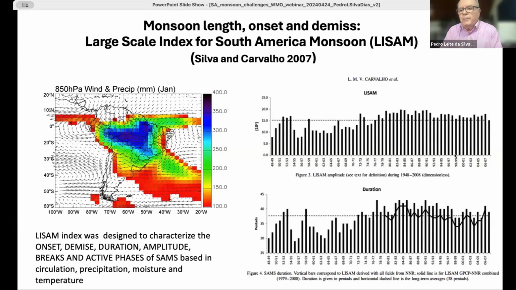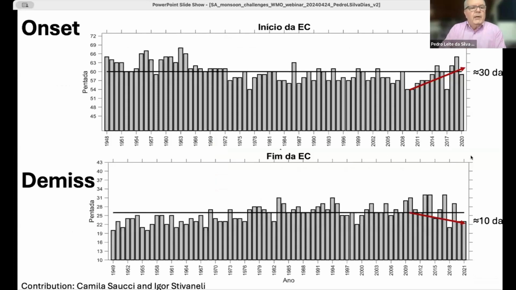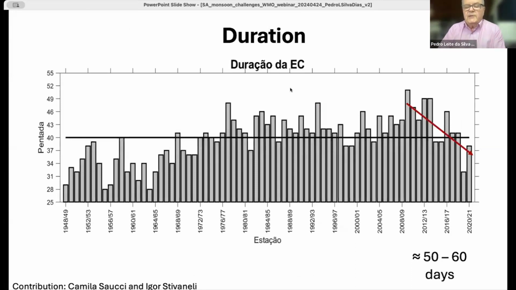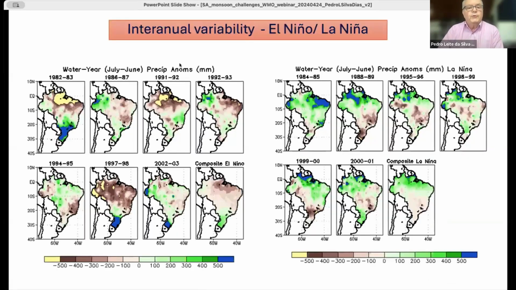The original paper goes up to 2007, but one of my students updated this figure, and what called my attention is that the onset of the monsoon season has been delayed significantly from 2008, 2010 onwards. And the end is also coming earlier, 10 days earlier. So when you combine the two features, you see a general decrease in the length of the rainy season, which is very concerning for most users.